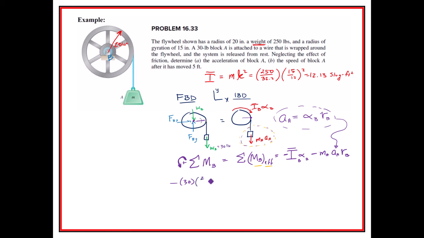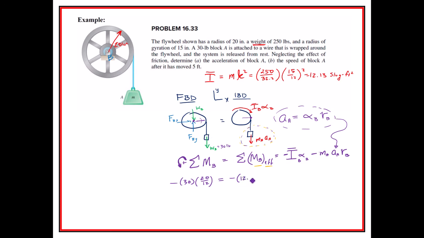That's 20 inches, because it's the radius. It's going to be equal to negative. And by the way, the one on the left was also negative because it was clockwise.